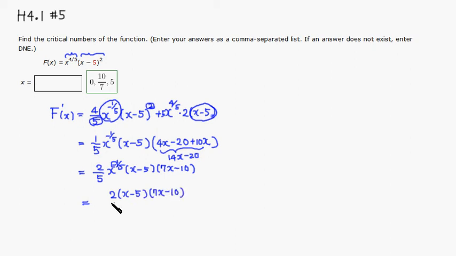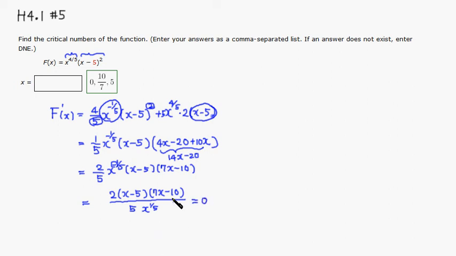What's on the bottom would be 5, and also x to the 1/5 power. Then you can see that we can find the critical numbers by setting it equal to 0.